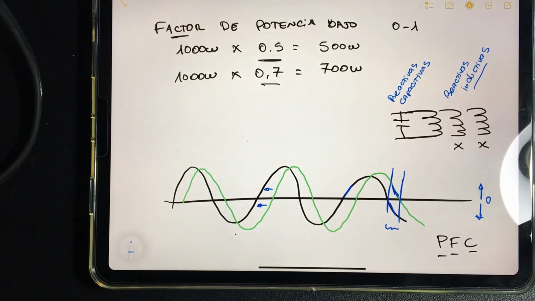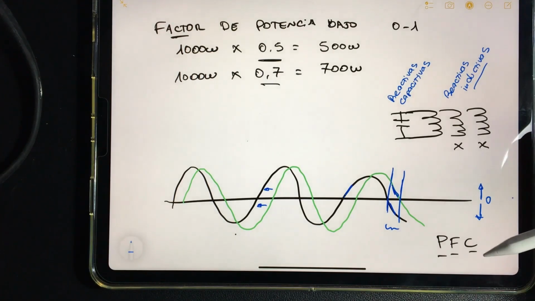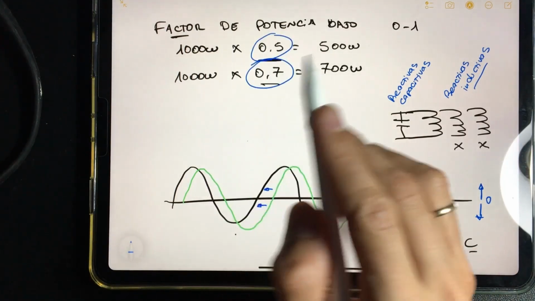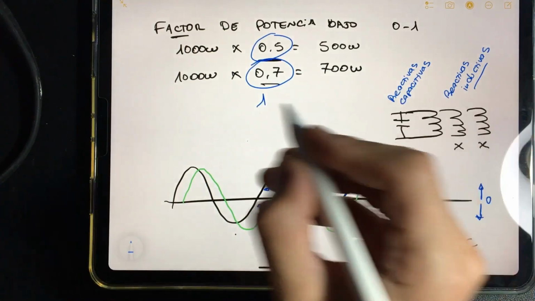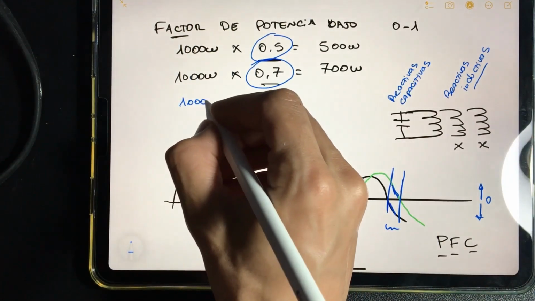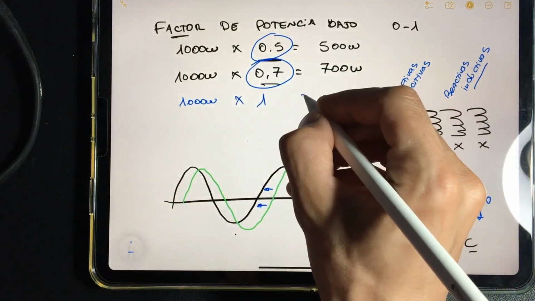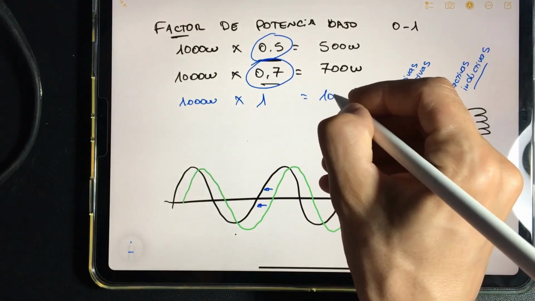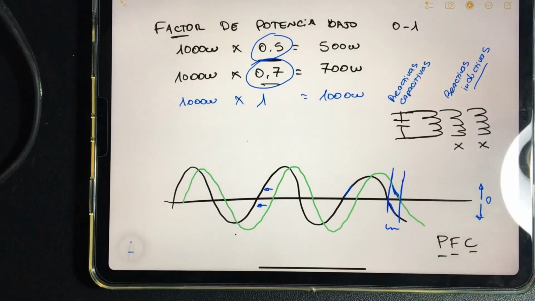If I have capacitive ones, I have to place inductive ones to correct the power factor, which is this number. I have to raise it. The ideal is that it be 1. If they deliver 1000 watts and the power factor is 1, if I correct it exactly, I am taking advantage of all the watts they deliver me. It's hard to get to 1, but you can.